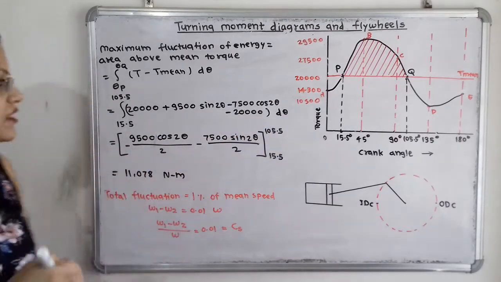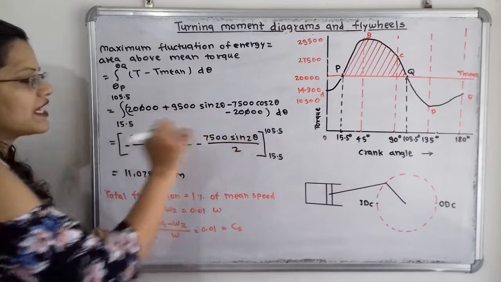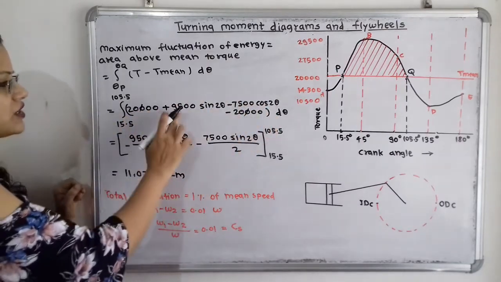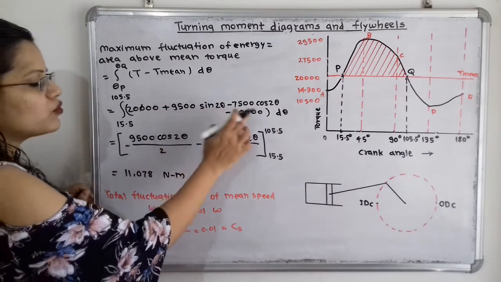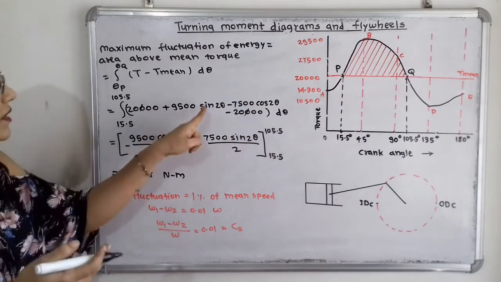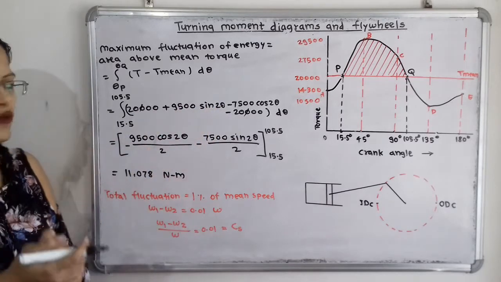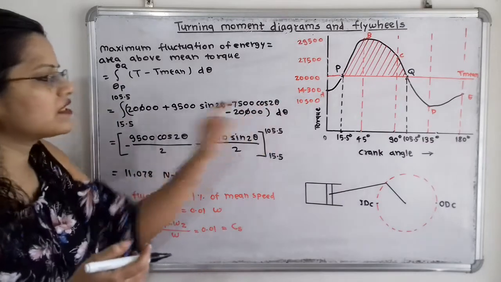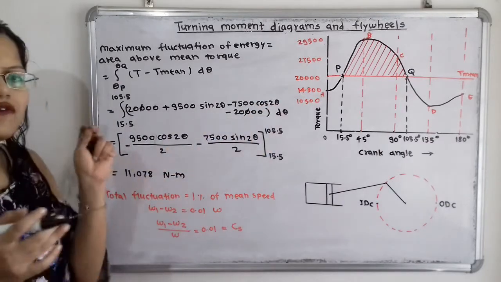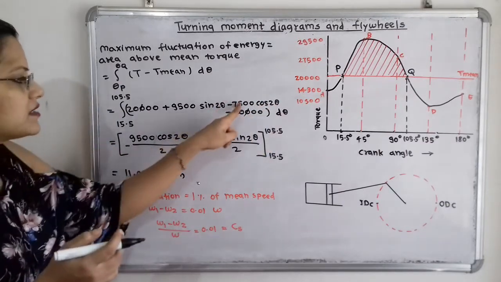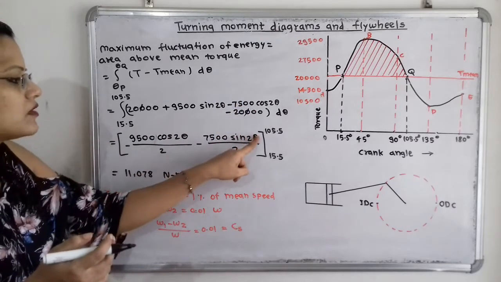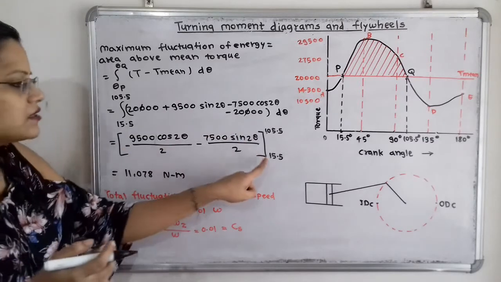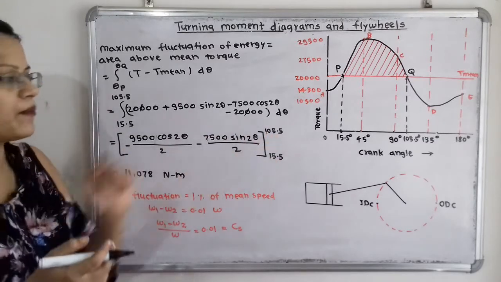Now if we observe, this 20,000 is getting cancelled. If we solve the integration, the integration of sin of 2 theta d theta is minus cos of 2 theta by 2, and the 9,500 remains as it is. The integration of cos of 2 theta d theta is sin of 2 theta by 2, so here minus 7,500 sin of 2 theta by 2, and outside the bracket we give the limits, 15.5 up to 105.5.